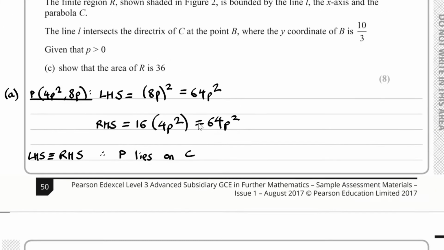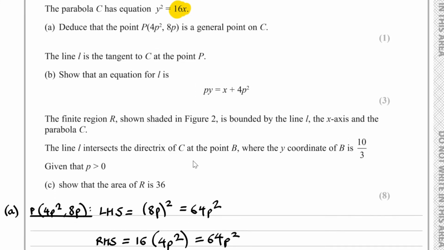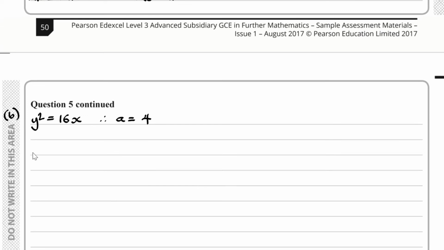And knowing that a is equal to 4, we can find out what dy over dx is by substituting into here. So dy over dx is equal to 2a over y. So we have 2 lots of 4 over y, which is 8 over y.